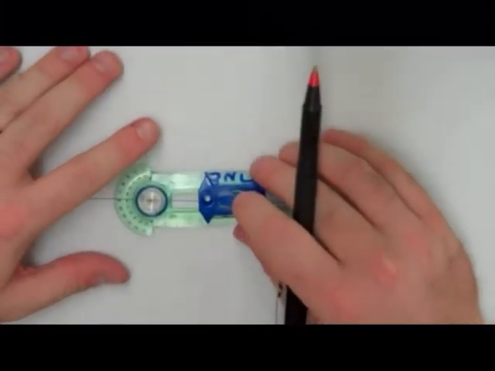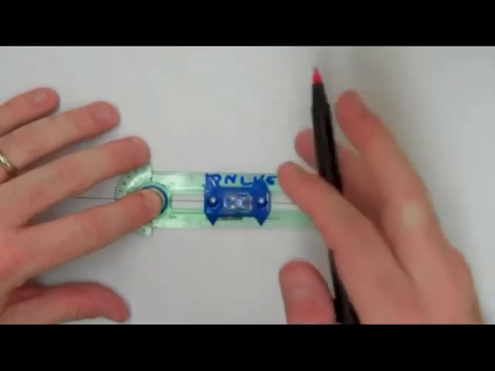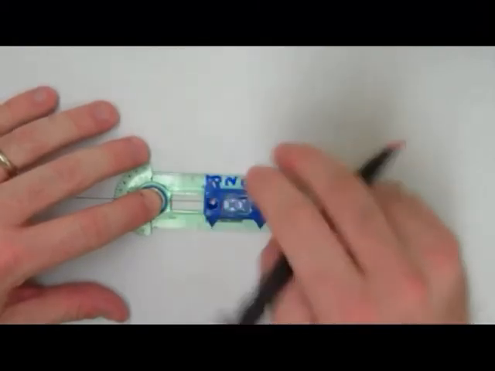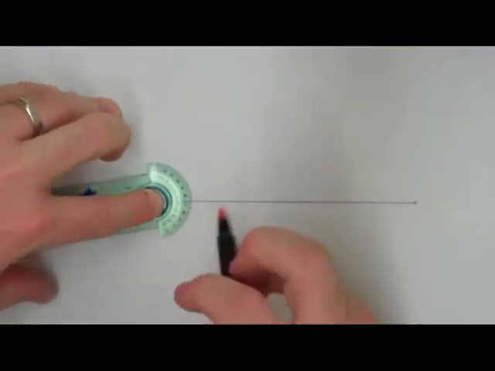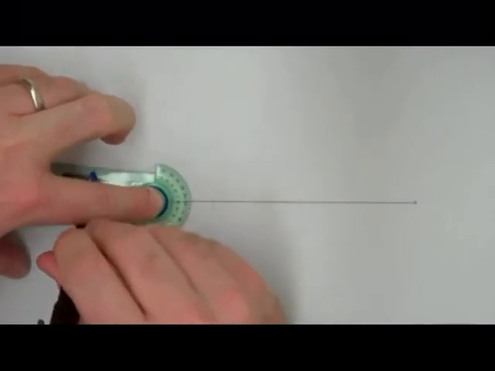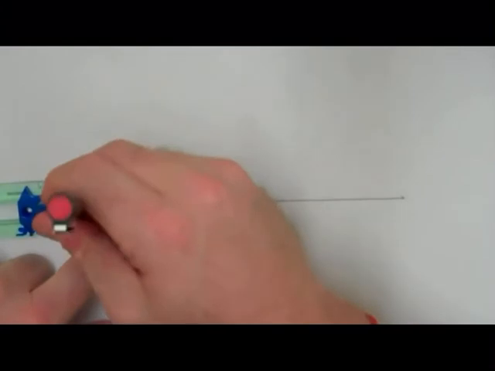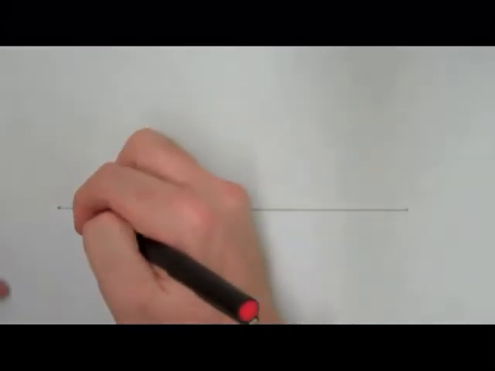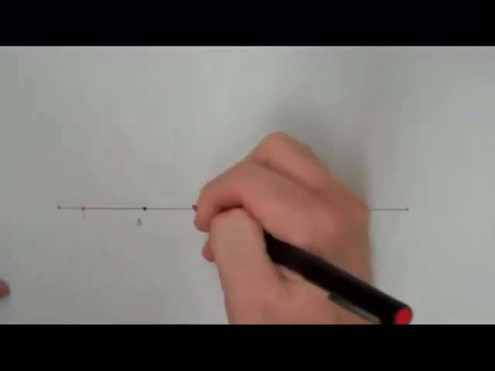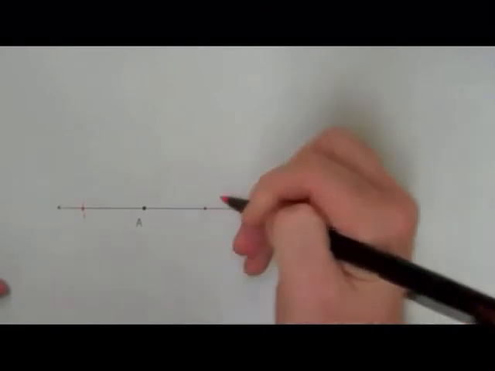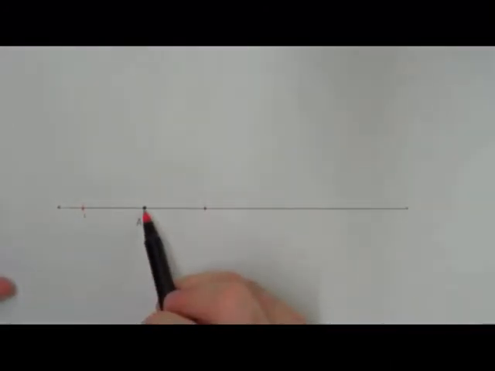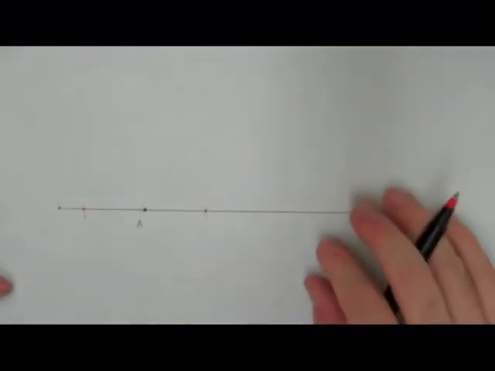I can create that segment very easily with my compass. Put the point of my compass on A, make a mark on one side, and without changing my compass, make the same mark on the other side. What I have created here is a segment such that A is the midpoint of that segment.